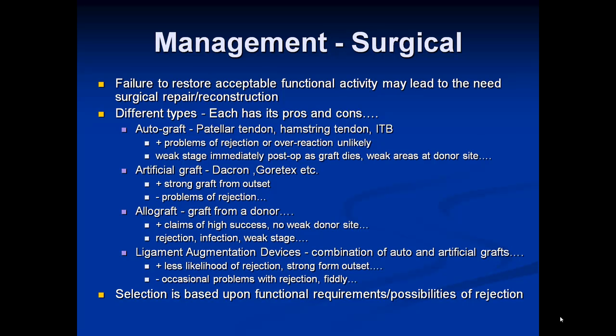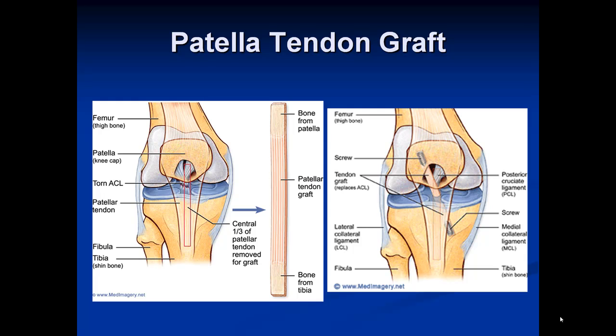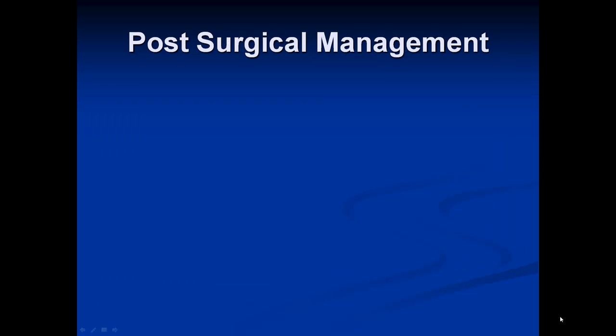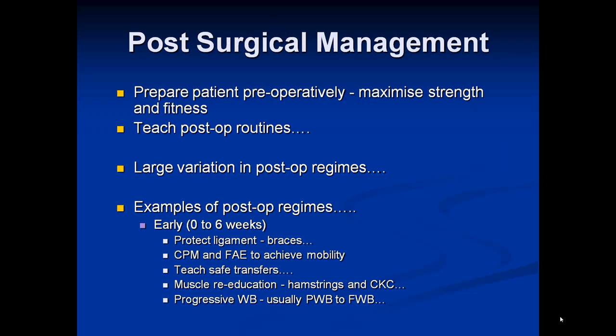The type of surgical repair chosen is based upon the functional requirements and the possibilities of rejection within the patient. Here's a picture of a patellar tendon graft where the central section of the patellar tendon is grafted to mimic the position of the ACL.